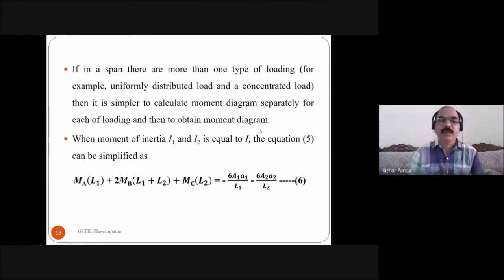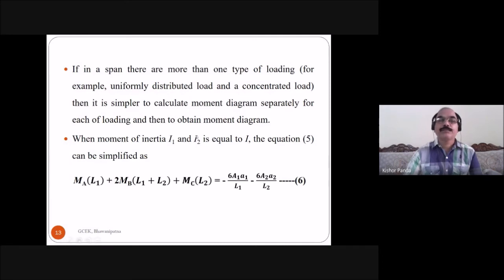You see, if on a span you are having the UDL and point load both, how will you draw the free bending moment diagram? So for UDL you have to draw the bending moment diagram separately, and for point load you have to draw the bending moment diagram separately, because you have to take the area of that free bending moment diagram.